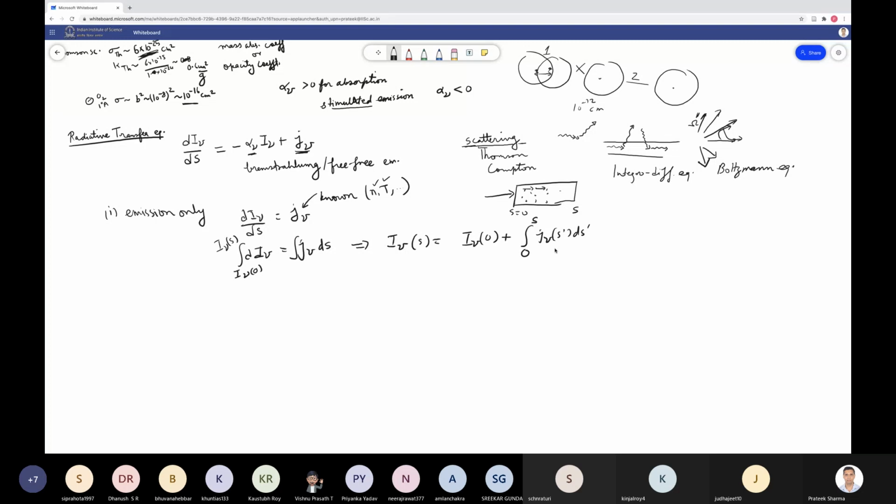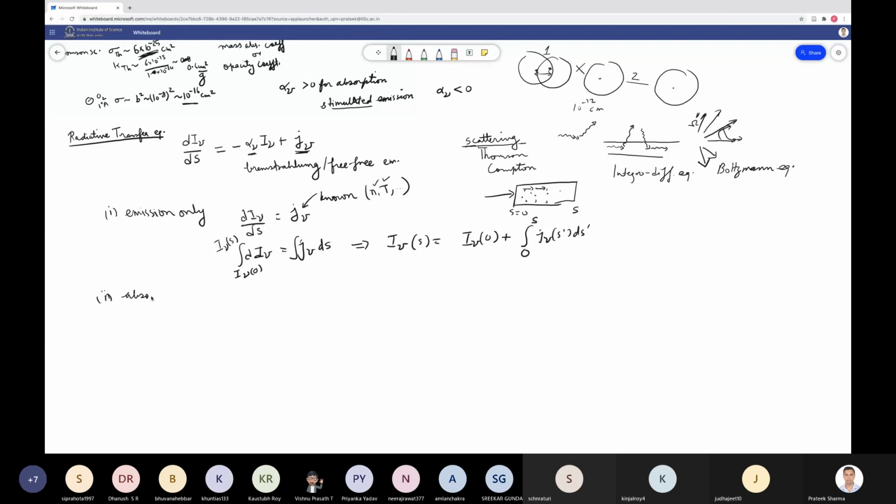That's normally not the case. What it says is that the increase in intensity is just equal to the emission coefficient integrated along the line of sight, right? This is what this is in words.